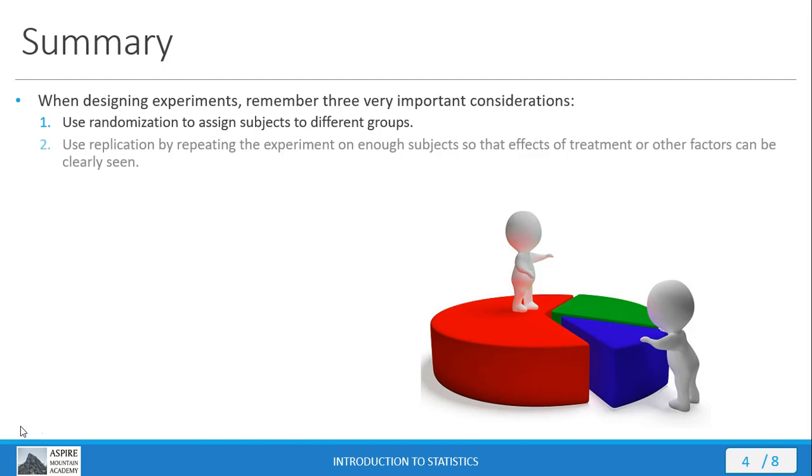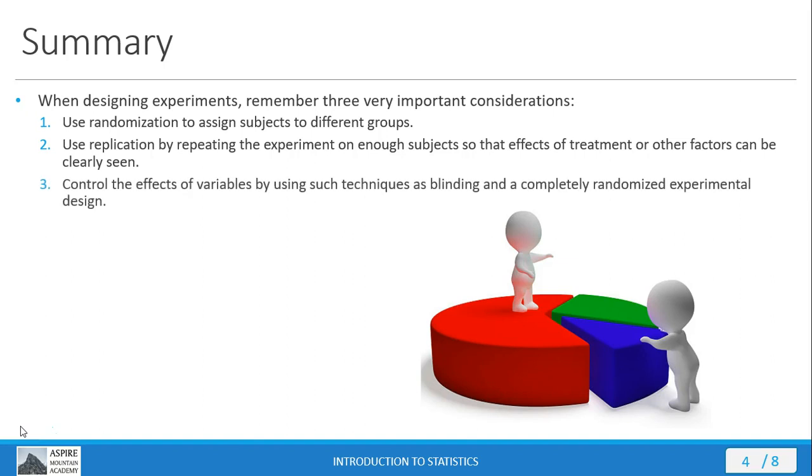And second, you want to ensure replication as much as possible. Again, once you have randomization, you further ensure replication with a sufficiently large sample size. So make sure your sample size is big enough. As I've mentioned previously, we're going to let the math do that for us. And third, you want to control the effects of variables, preferably with blinding techniques and completely randomized experimental design.